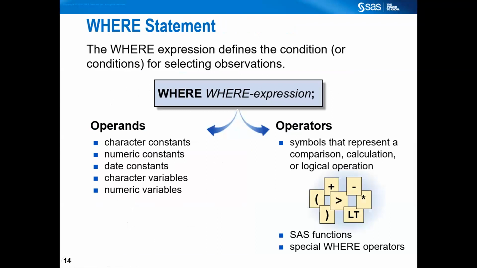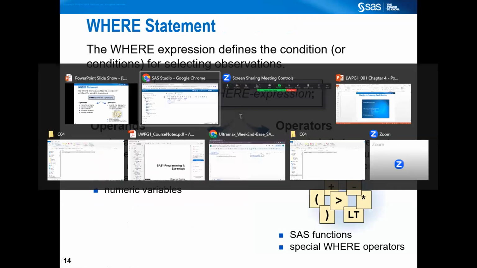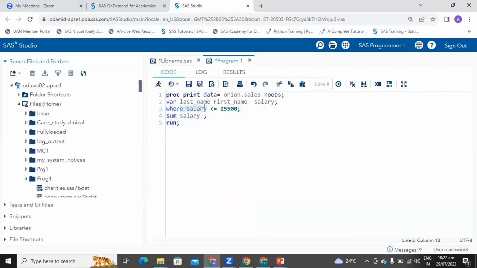Okay, so let's understand what the expressions written into this WHERE statement could be. These expressions could be of two types, where you use operands and operators. Now what is an operand? In our example, we used a variable to subset on a constant value from your data.